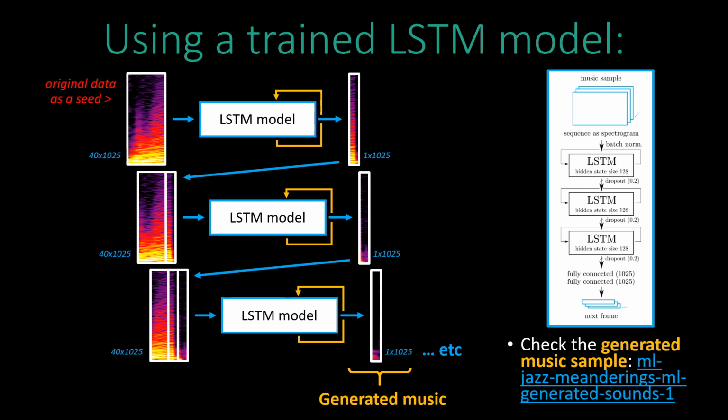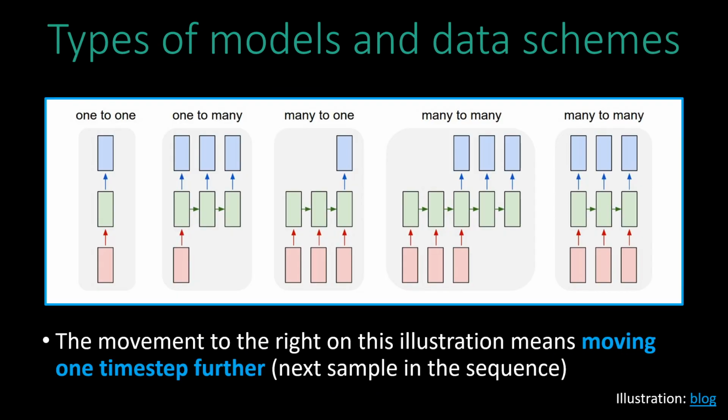It will extract some information, use these sequential models, and then predict some data from that. Well, so we can roughly look at all the possibilities for the types of models and the data schemes that we can use.